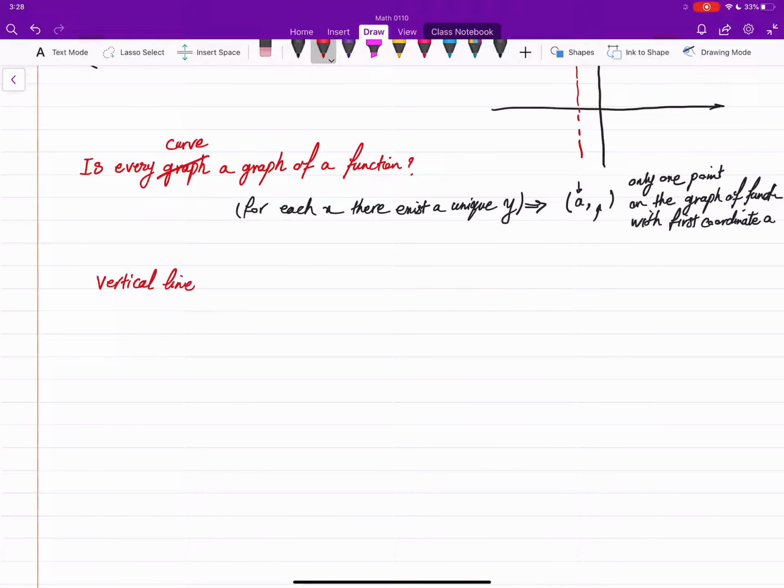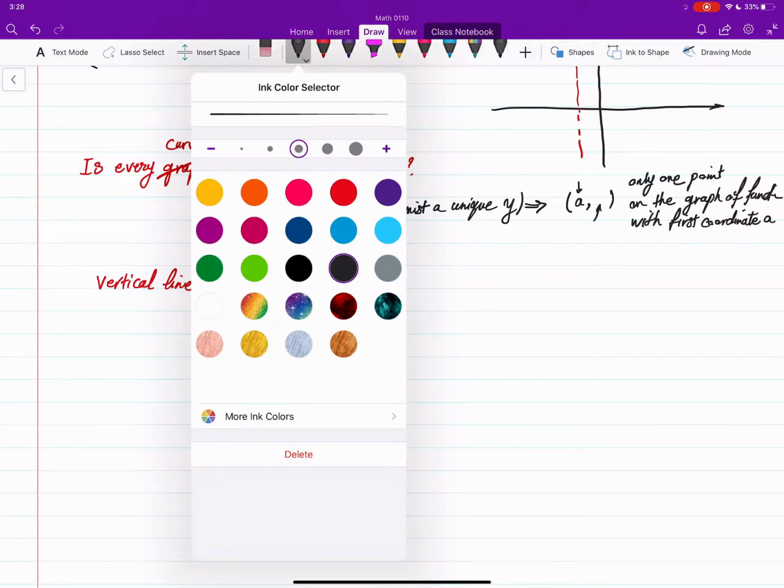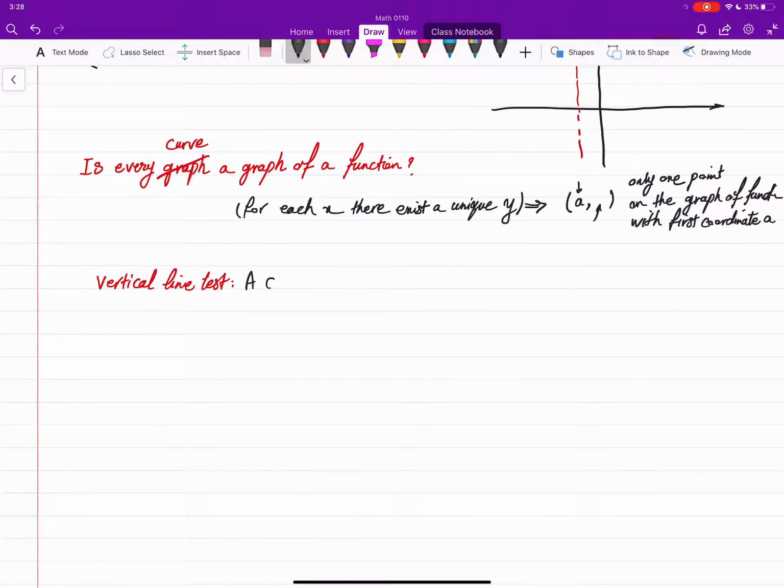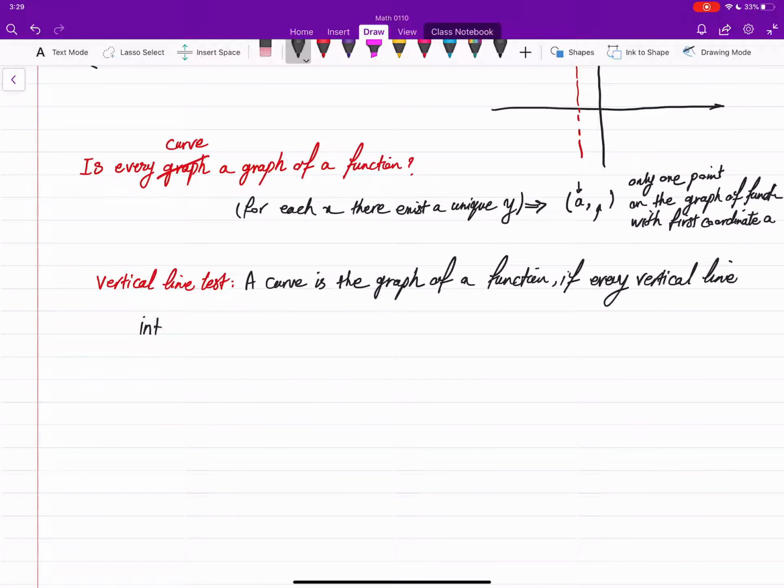The vertical line test says a curve is the graph of a function if every vertical line intersects the graph, the curve, at most once.